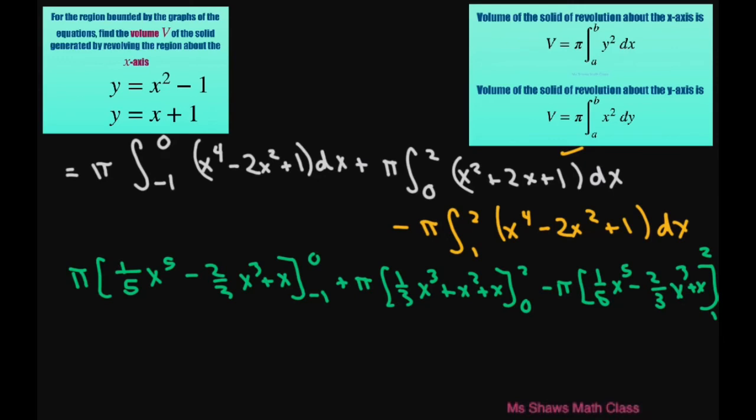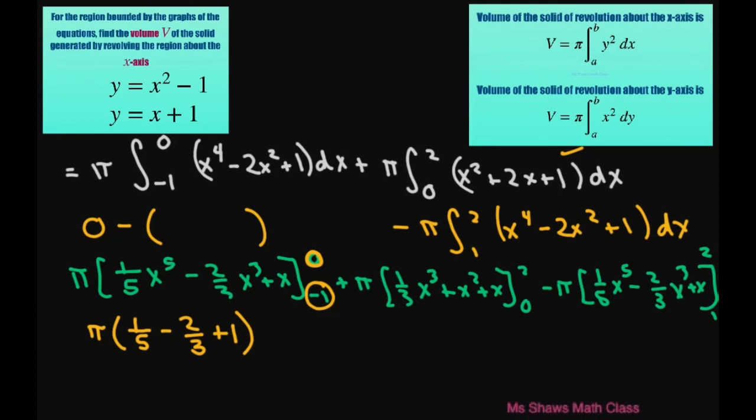All right, so let's substitute in some values. When you substitute in 0, you're just going to get 0. So we're just going to substitute in the negative 1. That's going to give you pi times 1/5 minus 2/3 plus 1, because remember, you're going to have 0 minus that, so I already did the sign change there. And then for this piece, we just need to substitute in that 2.